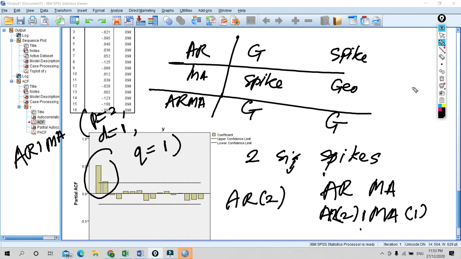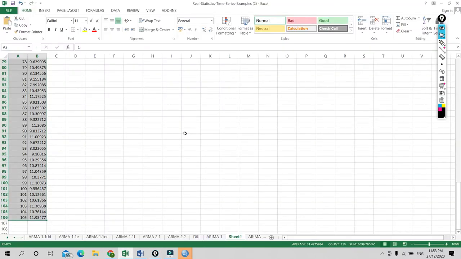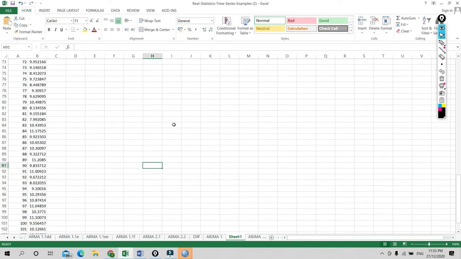Let's go to this part. We go back to our Excel from just now. How to run the model here? This is the Excel from just now. We downloaded it from Real Statistics, how to calculate the ARIMA model.